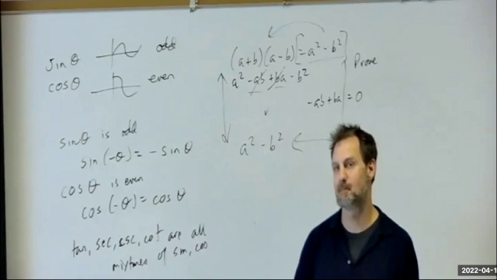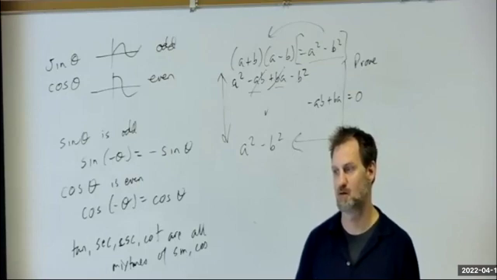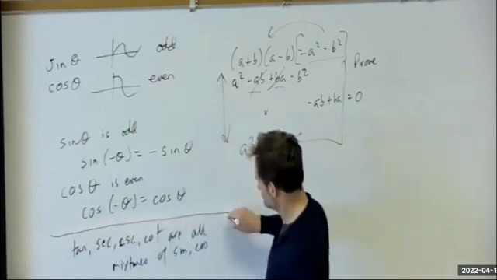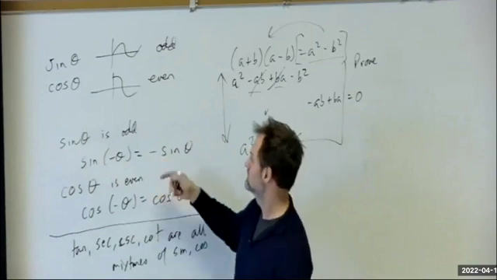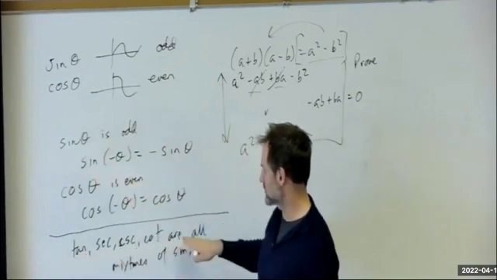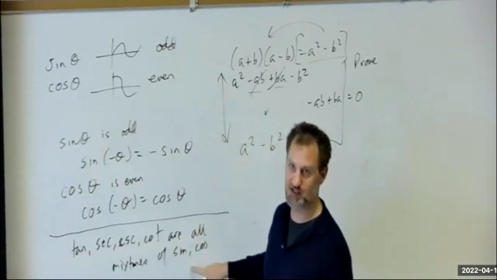The tan, secant, cosecant, and cotangent, because you said odd, even, and then you wrote four others. Are we labeling them as non-symmetric? No, I'm just saying, what do we know? Okay, I got you. We know that this is odd, we know this is even, we know that these are combinations of sine and cosine, so they can all be defined in terms of sine and cosine.